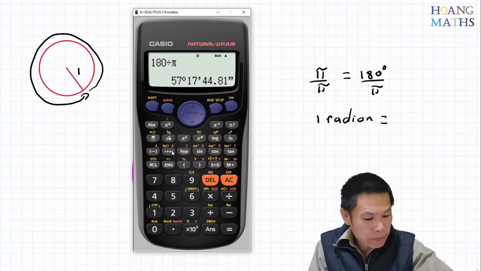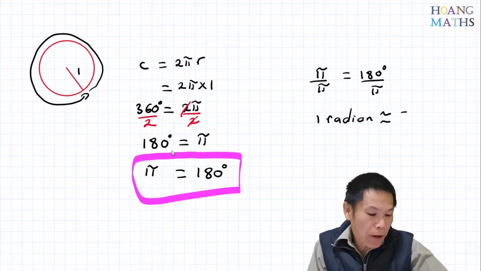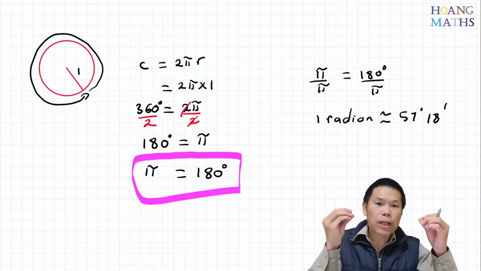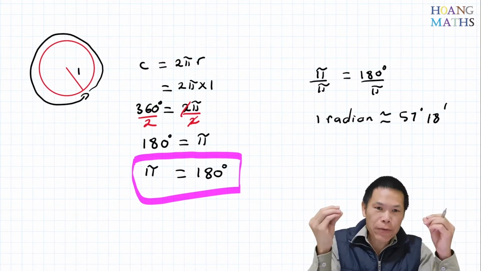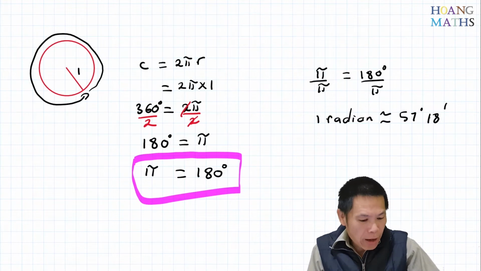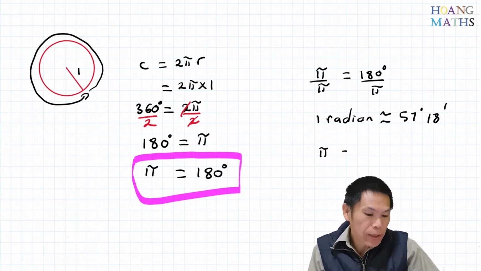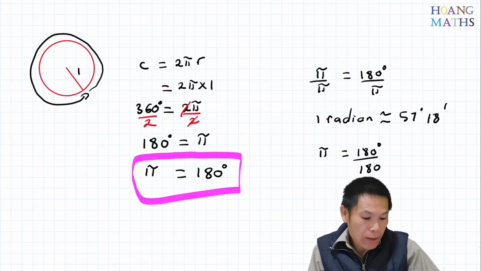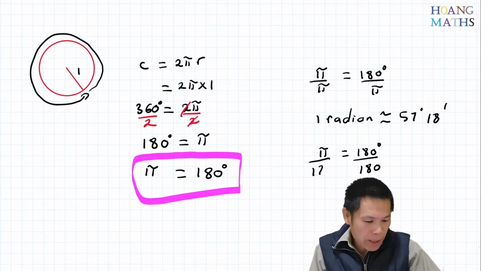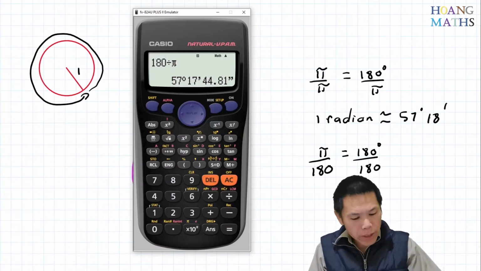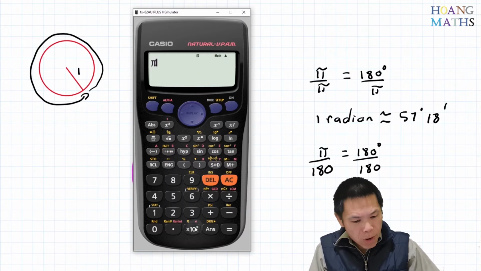Let me just write this down. So roughly about 57 degrees and 18 minutes. How about, let's work out how many radians 1 degree is, okay? We know that 1 pi is equal to 180 degrees. So if I divide both sides by 180, I go pi divided by 180.